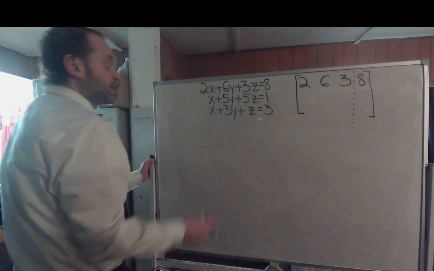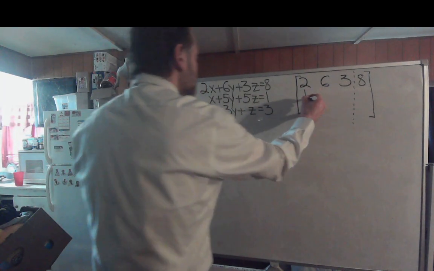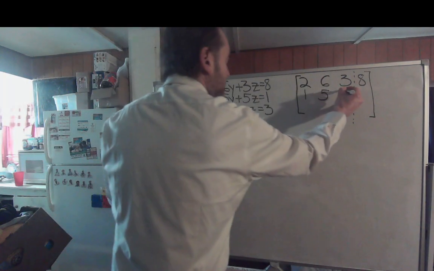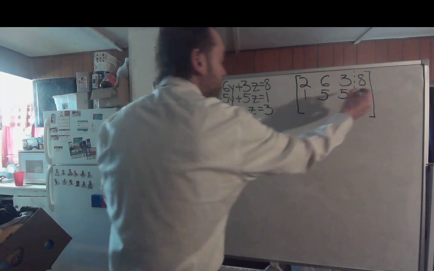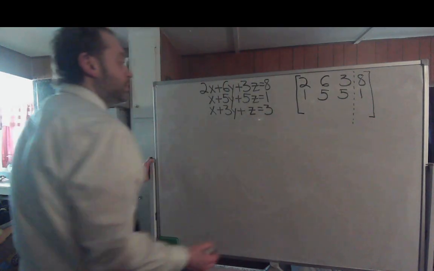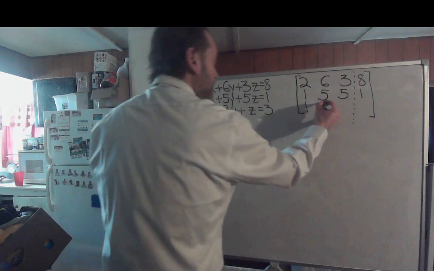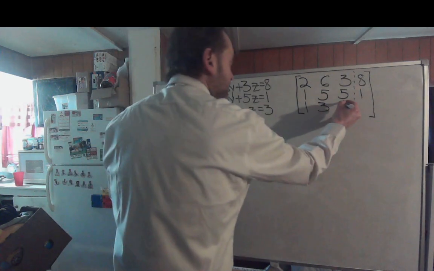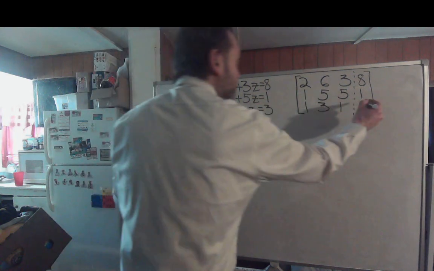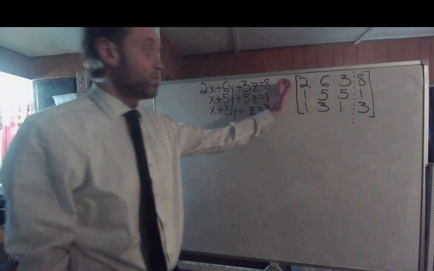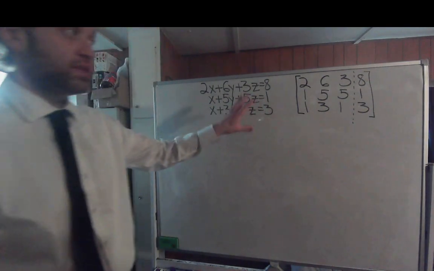Now form your second row, take that 1 on the x, the 5 on the y, the 5 on the z, and then put that 1 to the right of the line of augmentation. Third row, take that 1 on the x, the 3 on the y, the 1 on the z, then put that 3 to the right of the line of augmentation. And there you go. There is your nice matrix to represent the system.